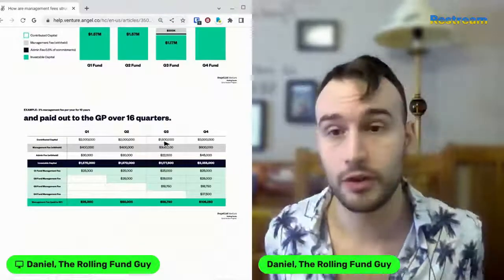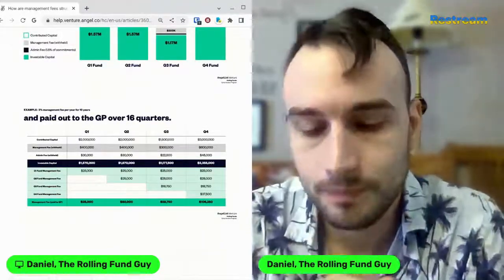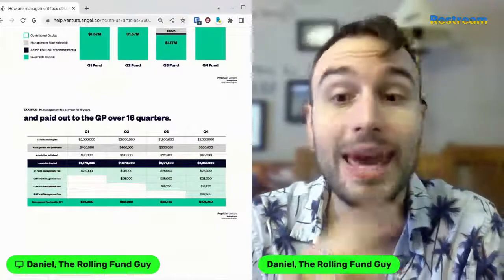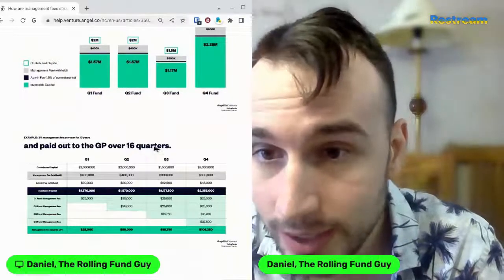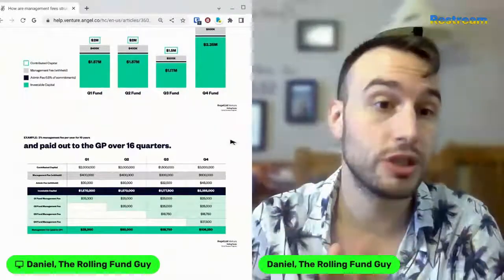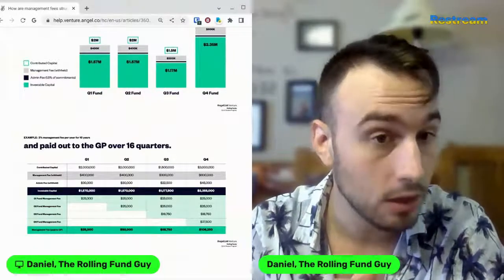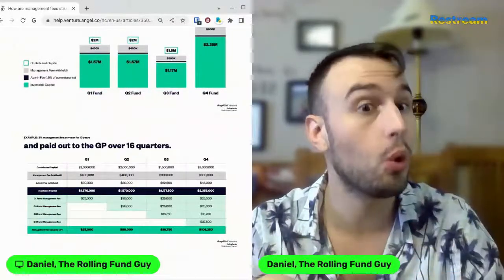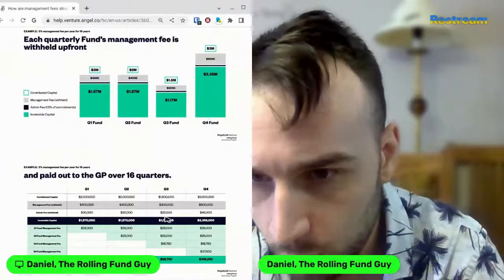And then we have the second graph here of exactly how the fee is paid out to the GP. Although the management fee is calculated over 10 years, 2% times 10 years actually ends up being 20% of contributed capital for each quarter, because each quarter is a separate fund. Now we're going back to quarter one.